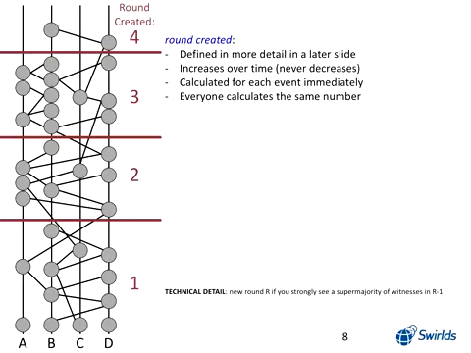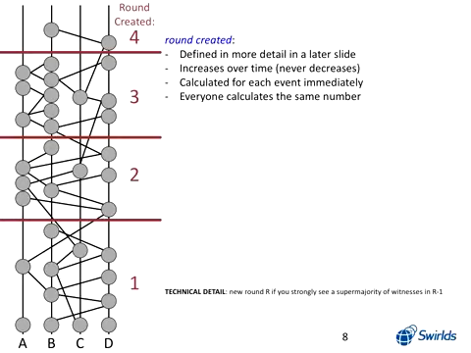The instant you received it, you looked at all its ancestors and you said, this has a round 4 round creation, and this is a round 4 event. And if you're interested, it's when a supermajority of the witnesses in the previous round can be strongly seen. But we'll get to that in a second.